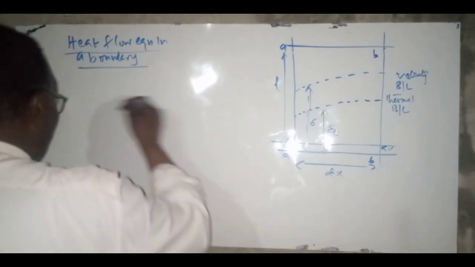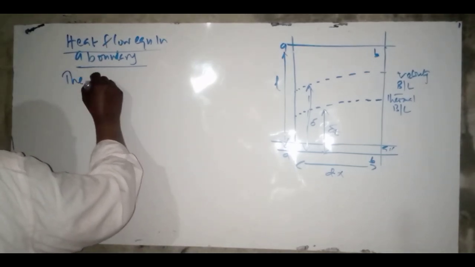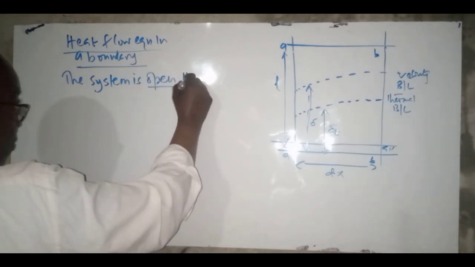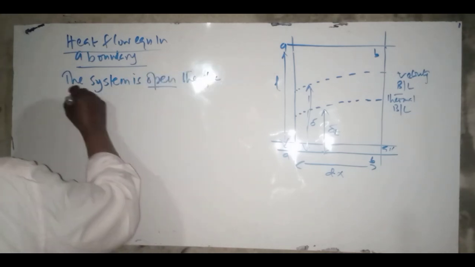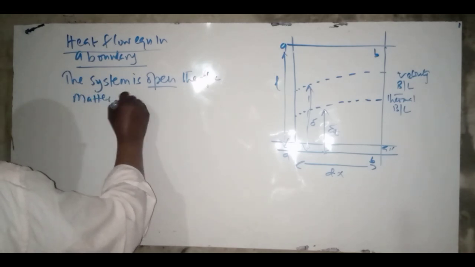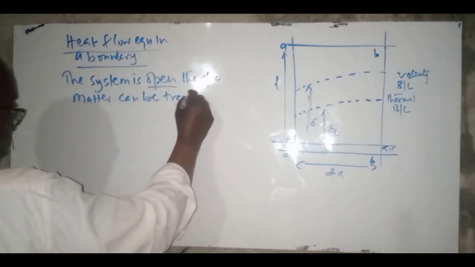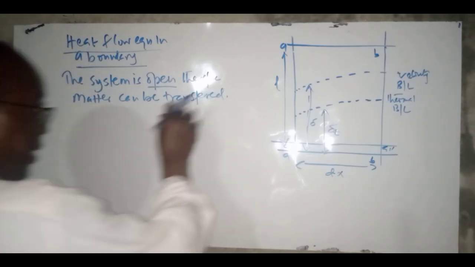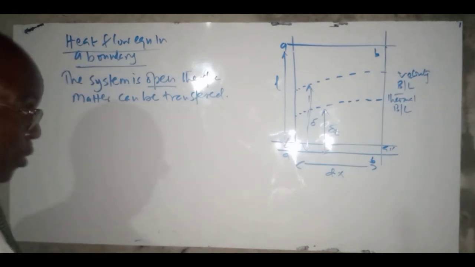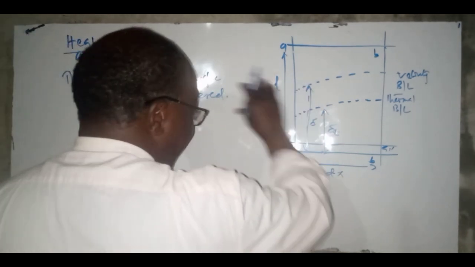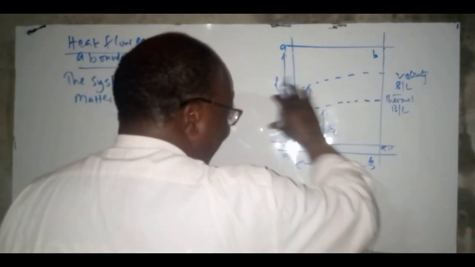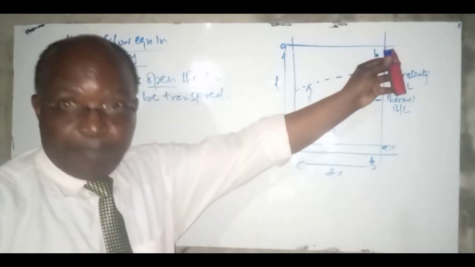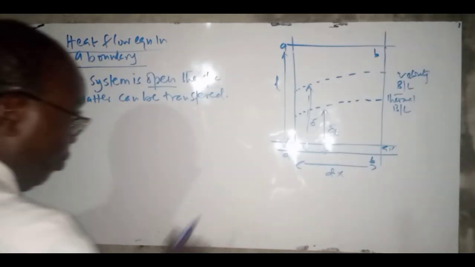So we are saying that the system is open, therefore matter can be transferred. The mass which enters through A and leaves at B, that difference, is the mass which has gone through AB.